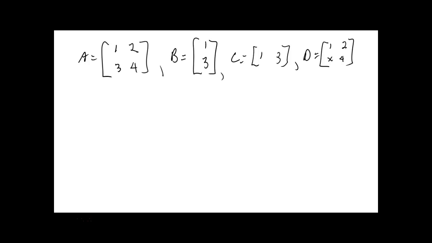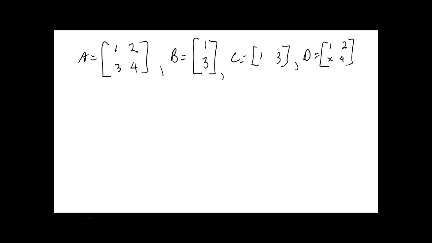We call B a column vector or a column matrix. C could be called a row vector or a row matrix, okay? Now, could either B or C be D? No, wrong size. Could A and D be equal?